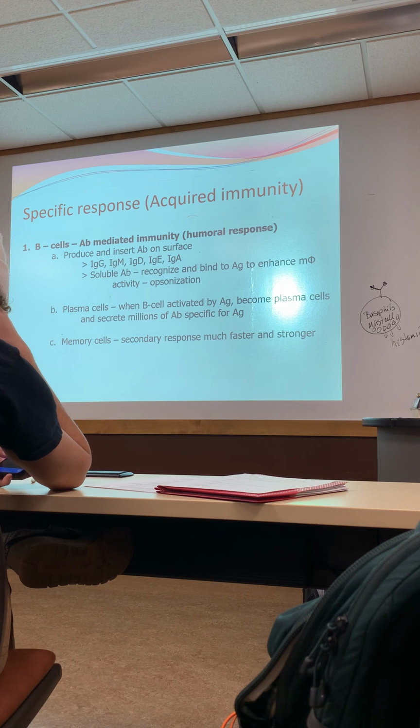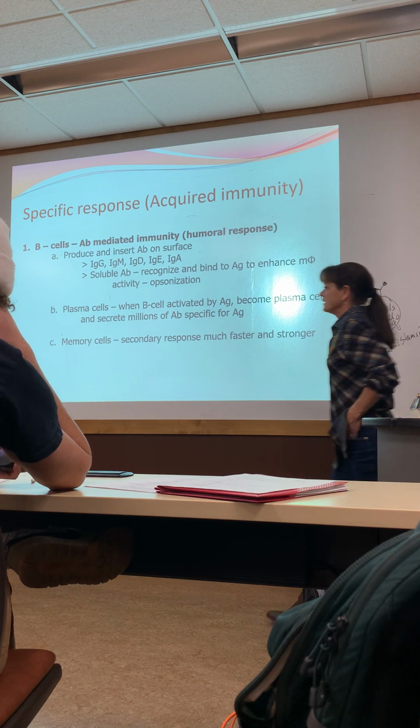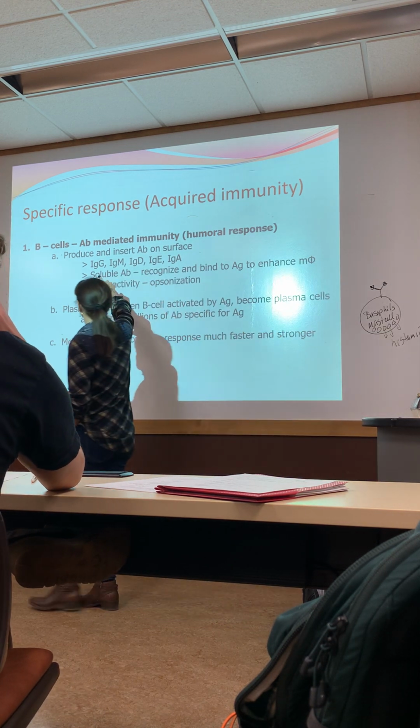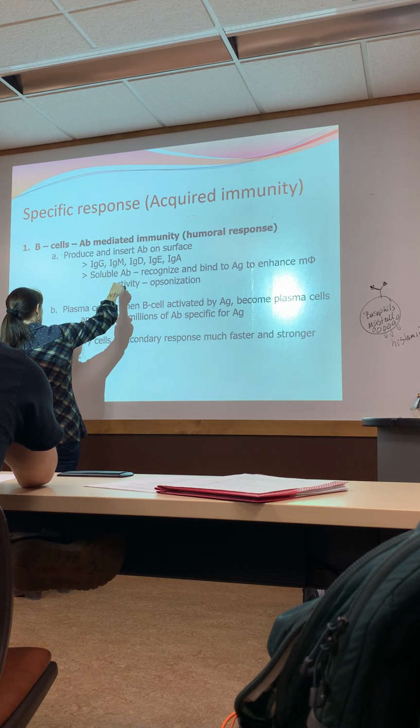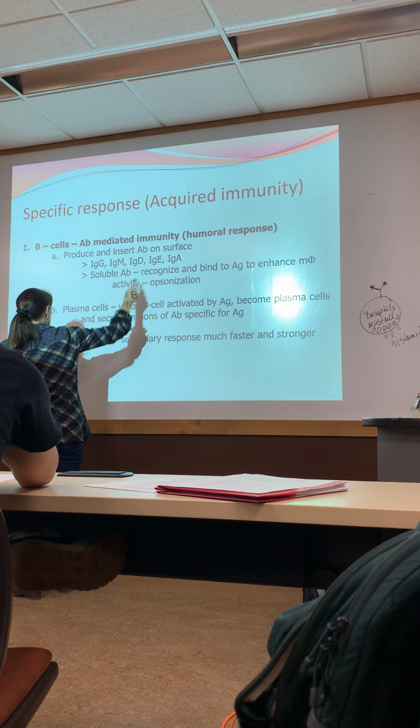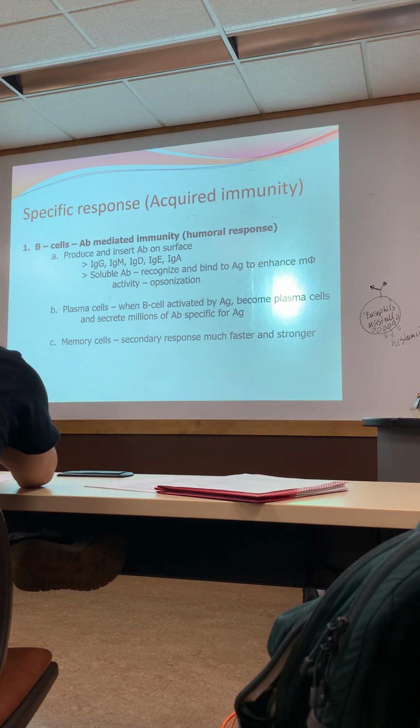Now here's the other thing about B cells. B cells make antibodies. Antibodies' job is to surround antigens or opsonize them, put the frosting on them, so it marks them for phagocytic activity. B cells need to turn into a cell called a plasma cell. Now don't think of this like plasma of the blood, right?